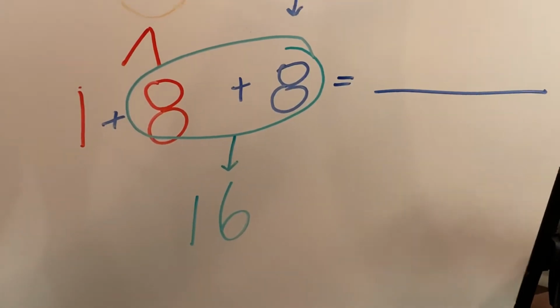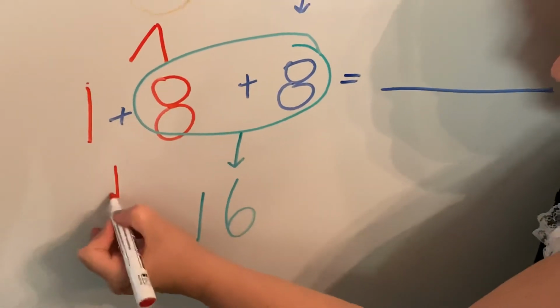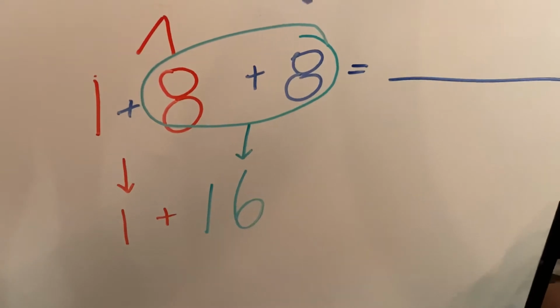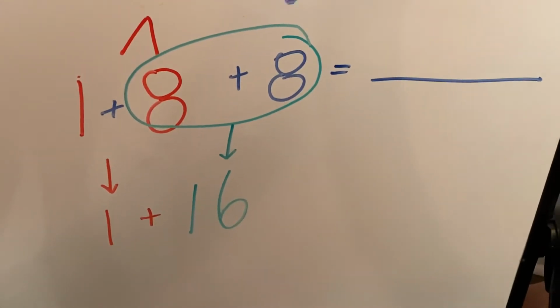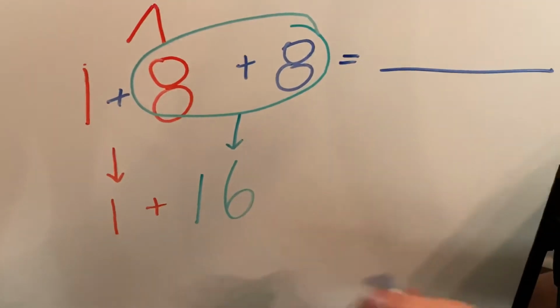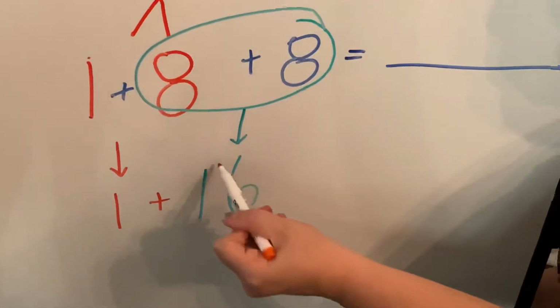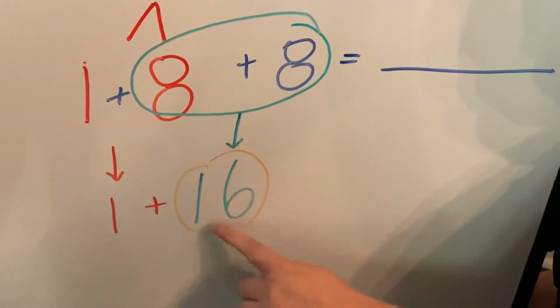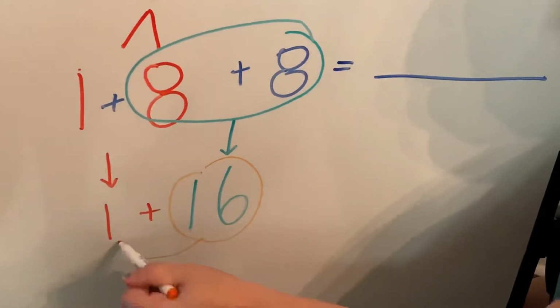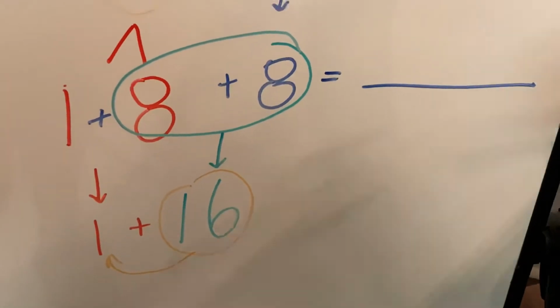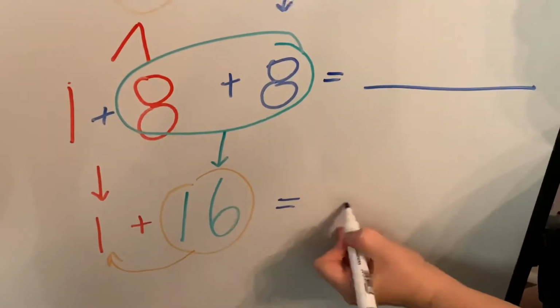Then I'm going to bring down my 1 plus. So 1 plus 16, same rules as before. 16 is my biggest number, so I'm going to 16 plus 1 makes 17.